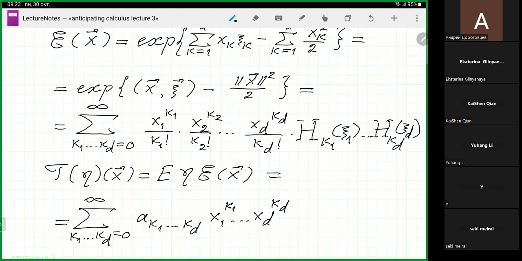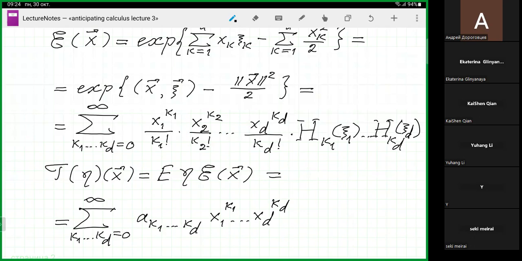Okay, and when we write this in such a way, one can understand that maybe this is a source for how to rewrite this sum, because here we have an analytic function of d variables, and as usual, an analytic function is expanded in a power series.